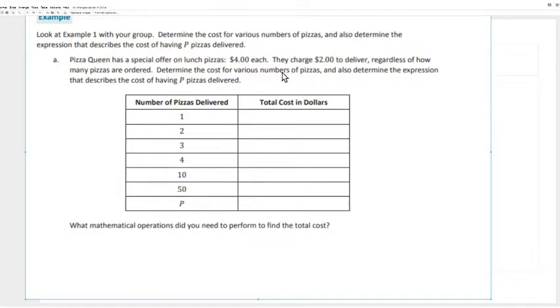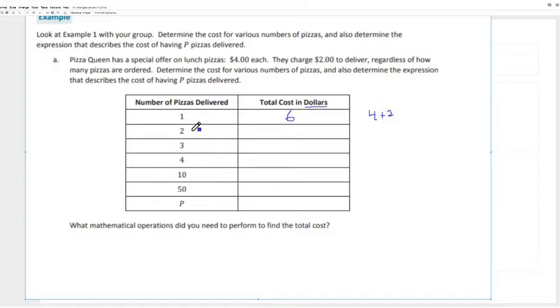Determine the cost of the various numbers of pizzas, and also determine the expression that describes the cost of having P pizzas delivered. If we look at number 1 here, for one pizza, it's going to cost us $4 for the pizza, plus $2 for delivery. We add that together, and it's going to cost us $6 altogether. It does say cost in dollars, so we don't have to put the dollar sign here, because it refers to it right here.